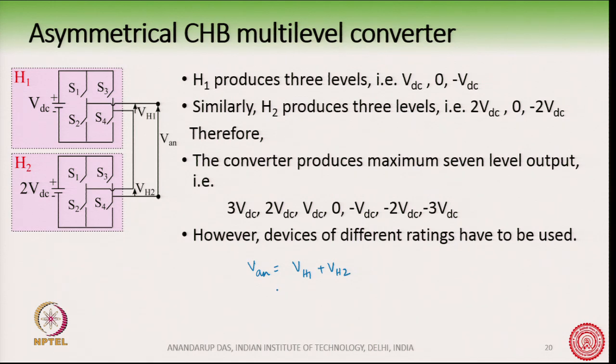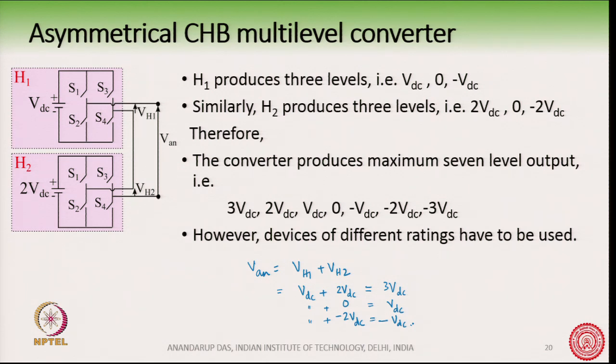So, you take first VH1 as VDC and then you can have VH2 as 2 VDC, you can have VH2 as 0, you can have minus 2 VDC, and this plus this is 3 VDC, this plus this is VDC, and this plus this is minus VDC.